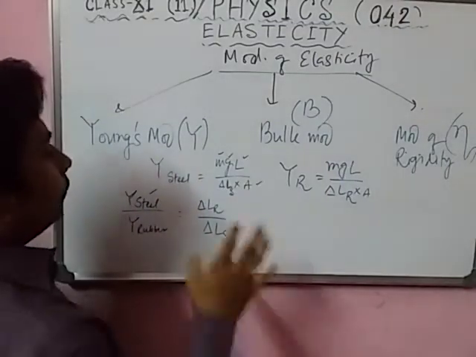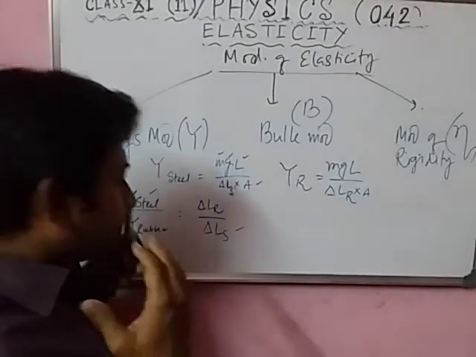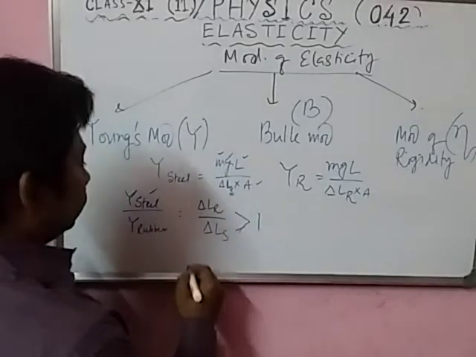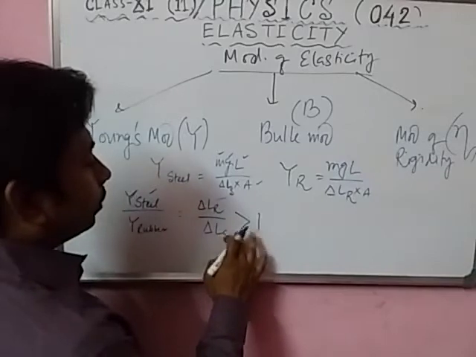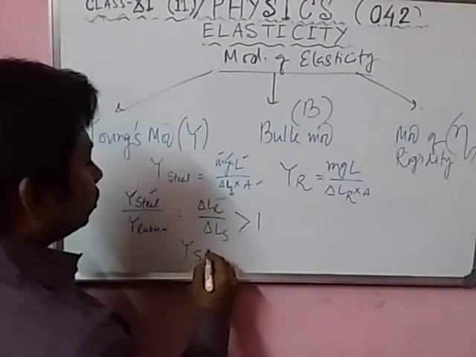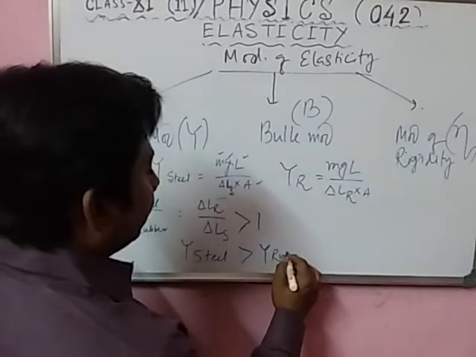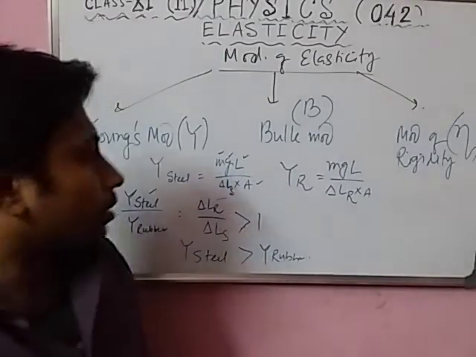Am I right? So that's why this is greater than 1, because LR is greater than LS. So we can write Young's modulus of steel is greater than Young's modulus of rubber. Okay, is it okay?